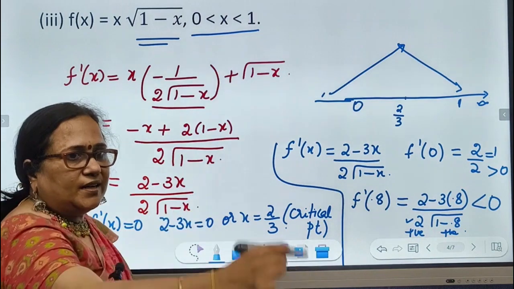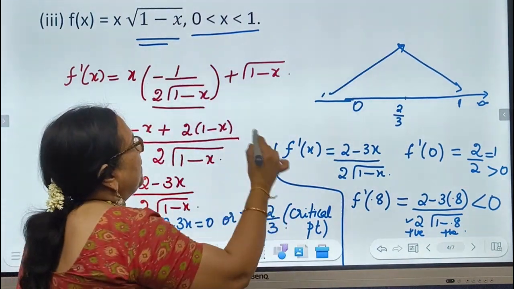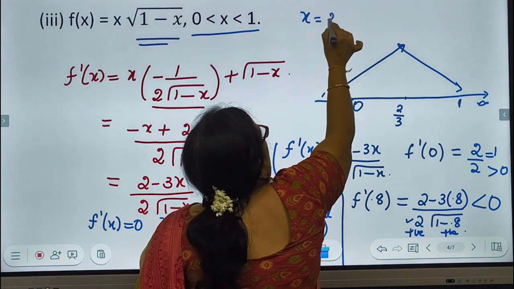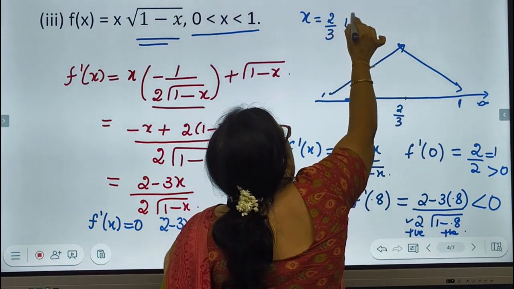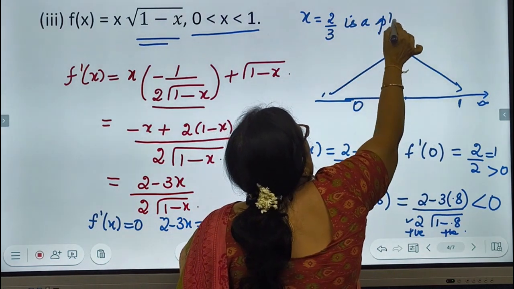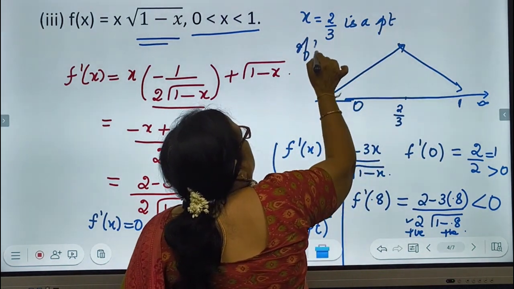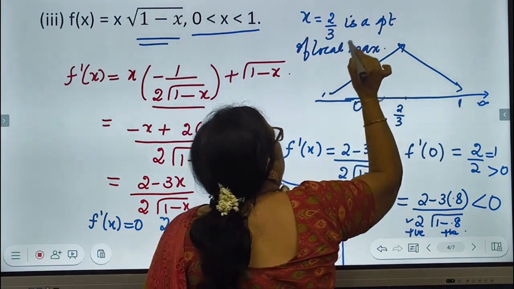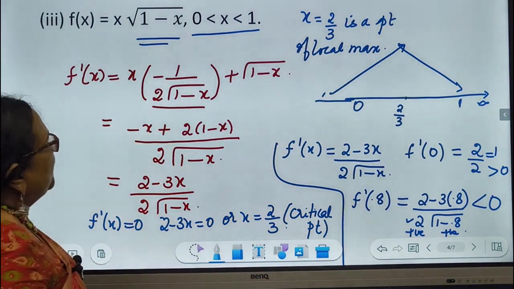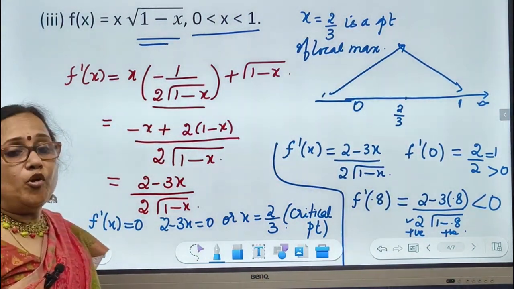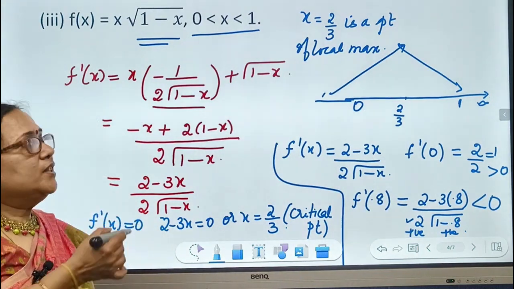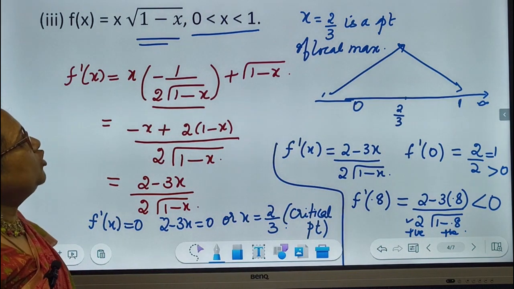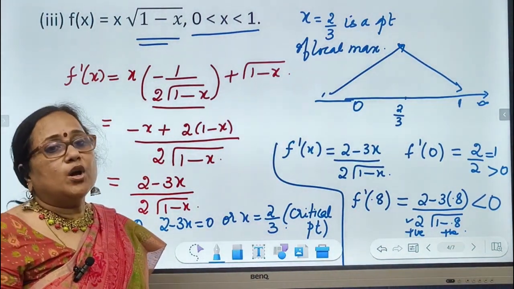If it is increasing and then decreasing, like a mountain, then by the first derivative test, x equal to 2 by 3 is called a point of local maximum. In the previous sum, we saw an example of a point of local minimum. In this function, we see that at x equal to 2 by 3, we have a local maximum.